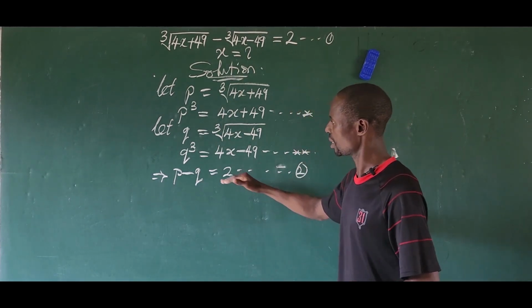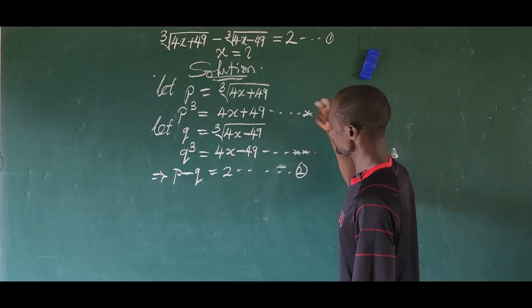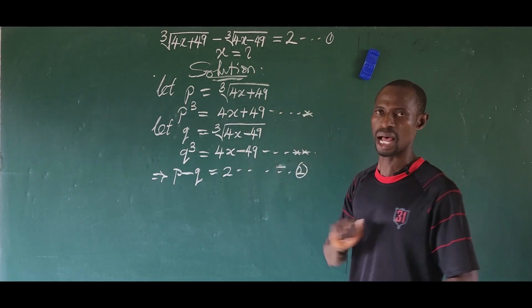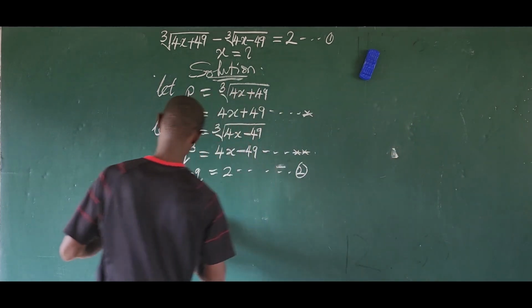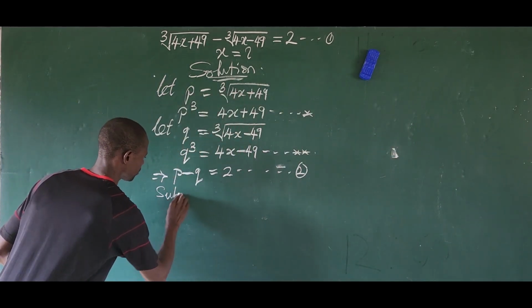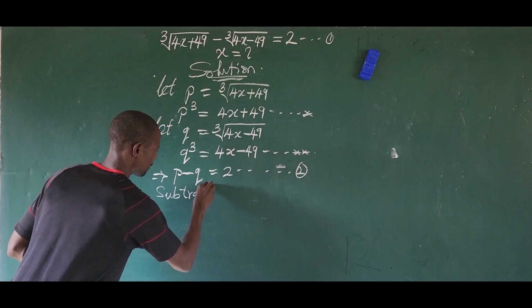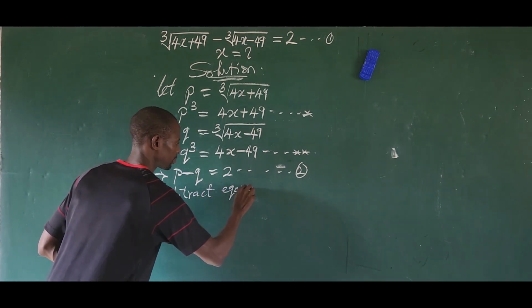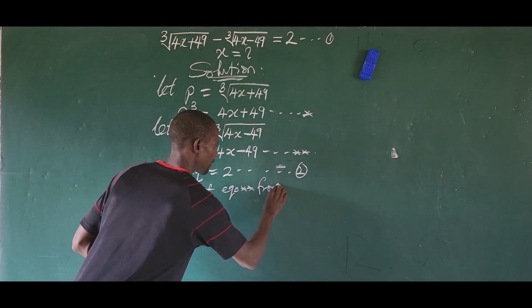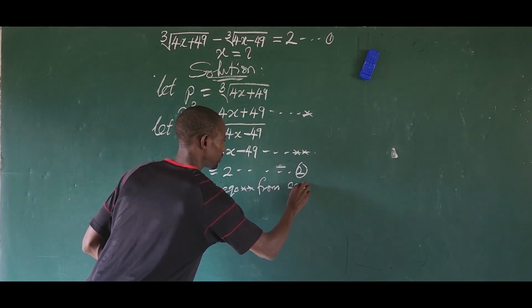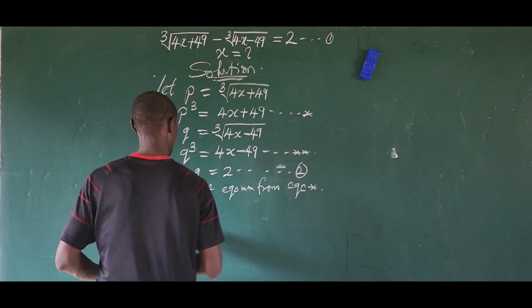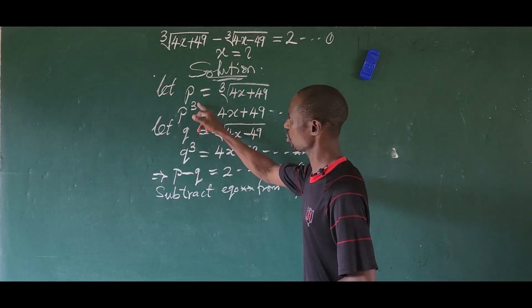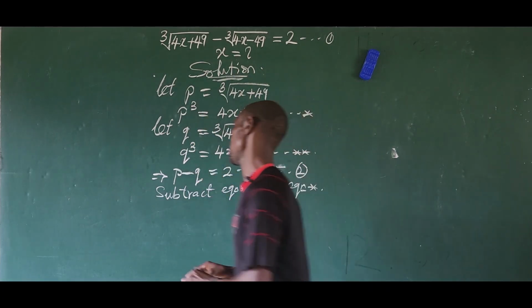Good. Now, from this, we want to subtract the second star equation from the first star equation. Now, if we do that, what's going to happen? We're going to have p to the power of 3 minus q to the power of 3.